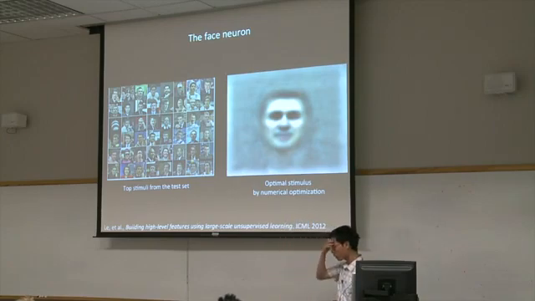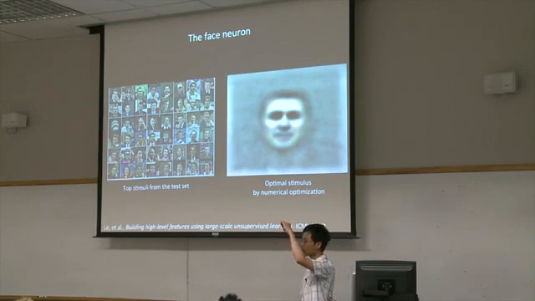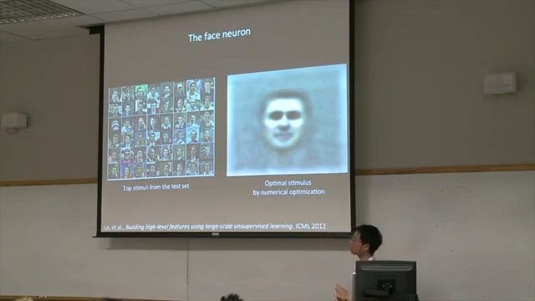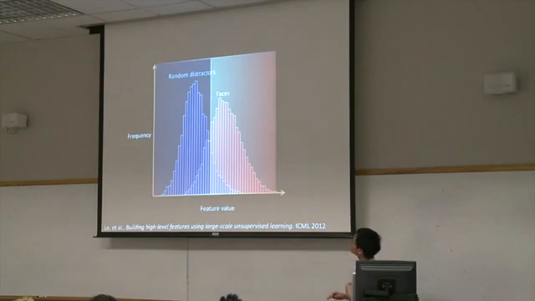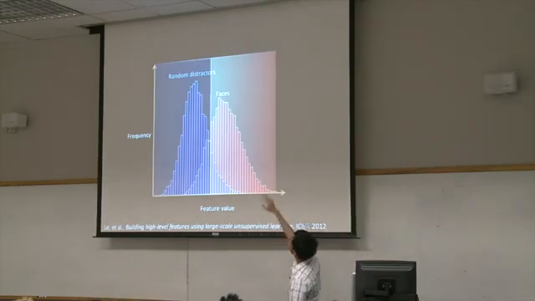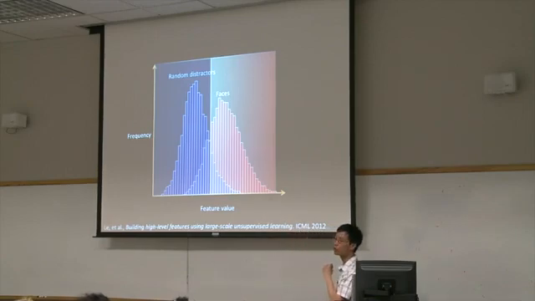And we also say, oh, maybe we may be lucky. So what we do is we hold the value of the neuron, and then perform optimization from random with respect to the image. So we do gradient descent on the image, right? And then we visualize what it likes to see. It turns out that it also likes to see a face. And then when we do more analysis, we give random distractors to the network, and then we give face images to the neuron, and it turns out that the histogram is very distinctive.